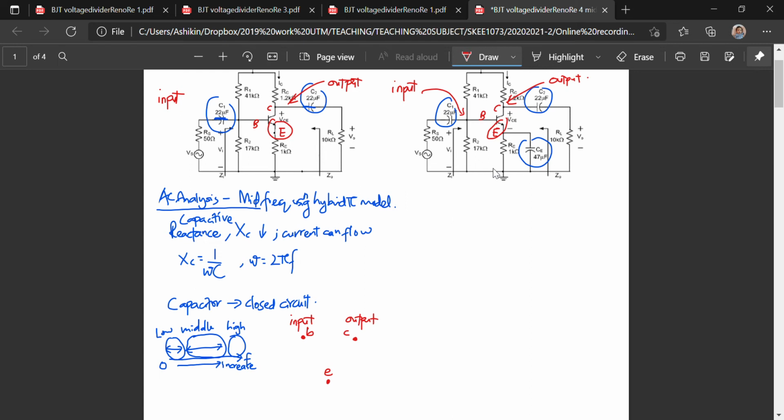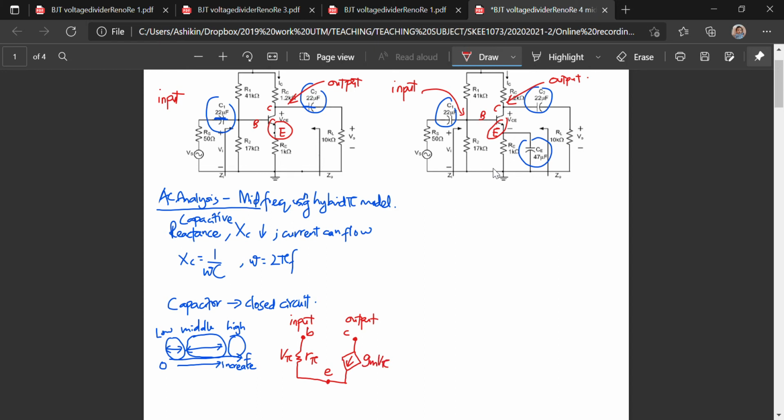From base to emitter we have R pi and also V pi. And from the output to the emitter we have a current direction. Here we see the arrow pointing to the emitter. Therefore, our current arrow is from C to E, so we label it gm V pi.